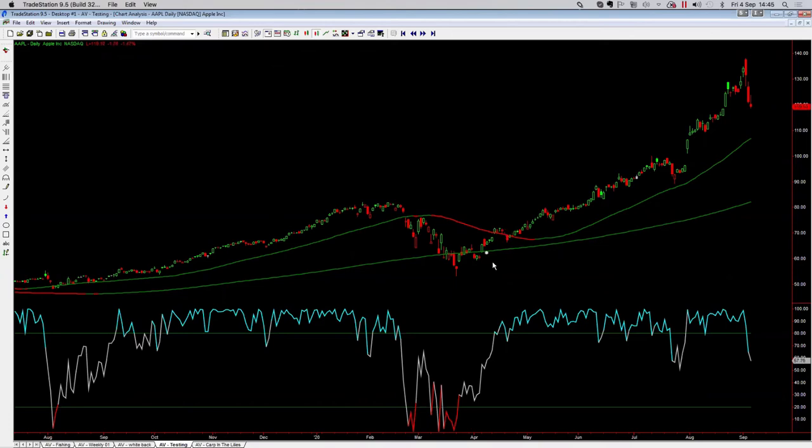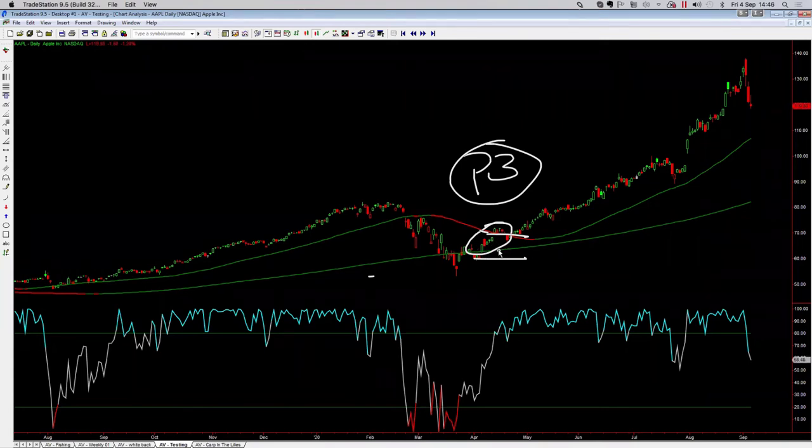And if I'm looking for price to be in a phase three trend, because the moving averages, as price moves back above the 200 and the 50 period moving average, I can mechanically scan for that. But just because that's happened, it doesn't necessarily mean that price is trending.